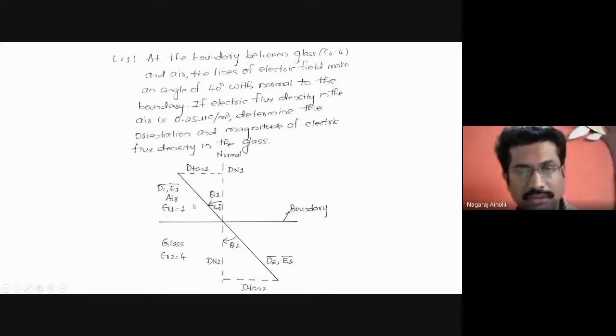Accordingly, you substitute the values of Dn1 and D1 and find out Dtan1. Hypotenuse square is equal to the square of the opposite side plus the square of the adjacent side. Find the value of Dtan1.